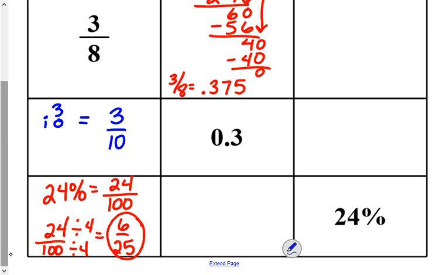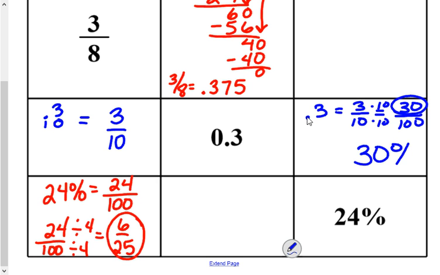So for example, we can know that this 0.3 as a decimal means the fraction 3/10, which really means 30 out of 100. Remember, percents have to be out of 100. So we can do this right here to come up with an equivalent fraction that is out of 100. And so then 30 would be my percentage. 30%.